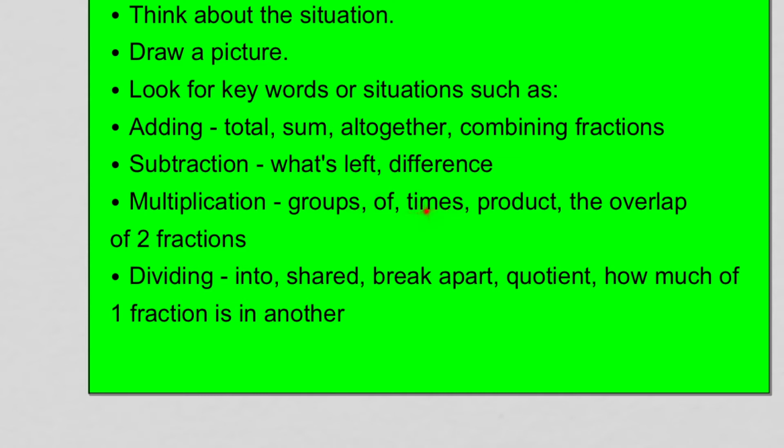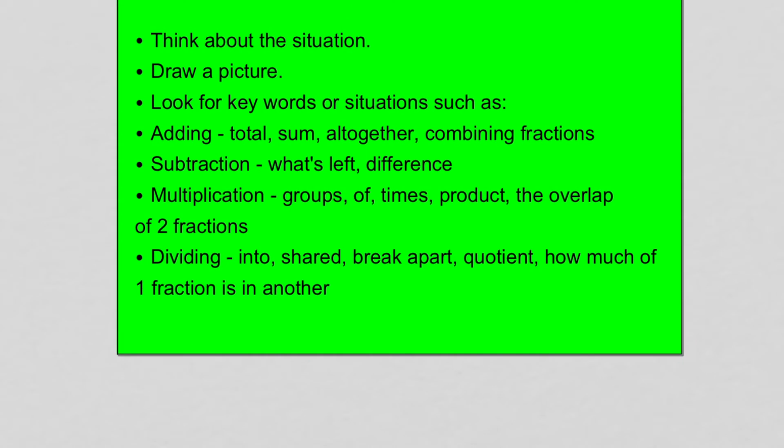You're going to look for the word times or product. Now, multiplication with fractions is the overlap of two fractions. So often you'll see one fraction of another. Dividing, you'll look for words like into or shared, breaking apart, quotient, or specifically with fractions, how much of one fraction is in another. So that's what you look for to identify which operation to use.